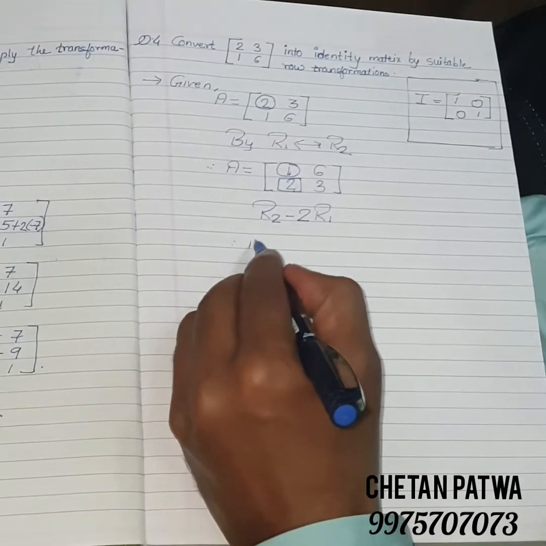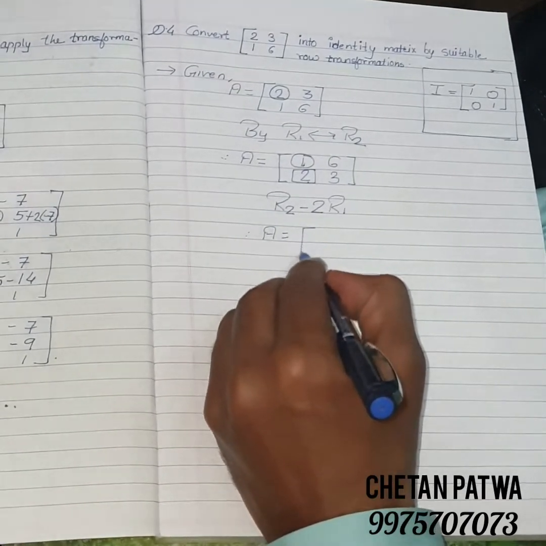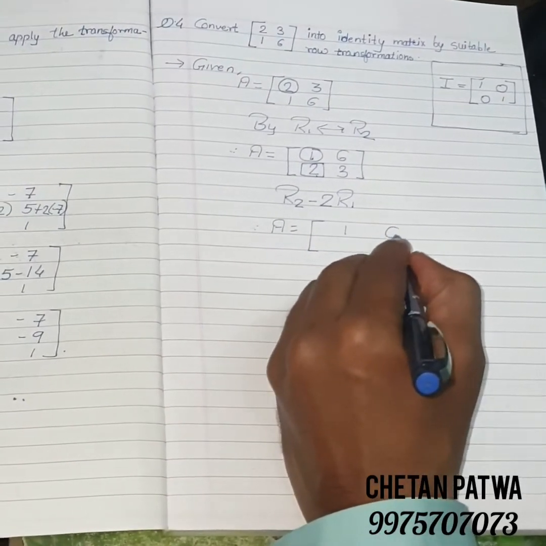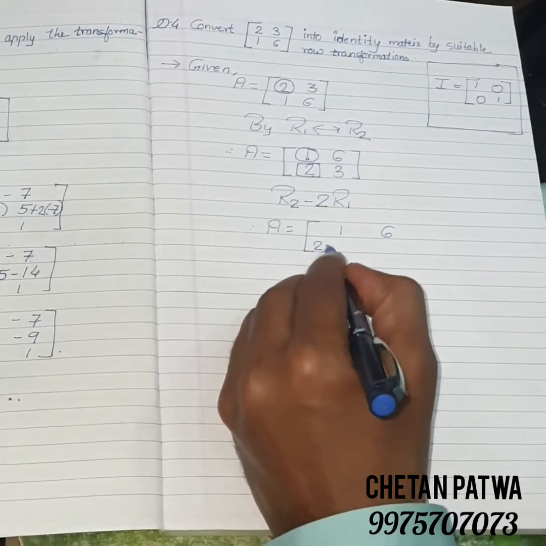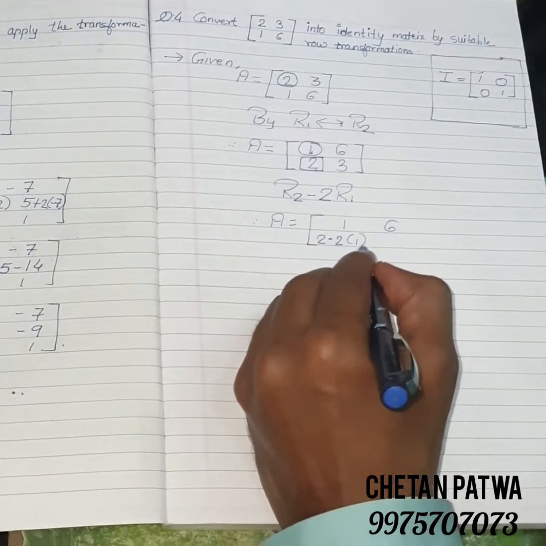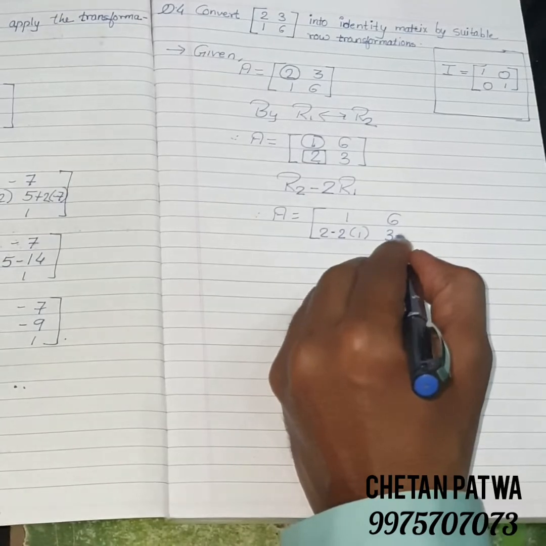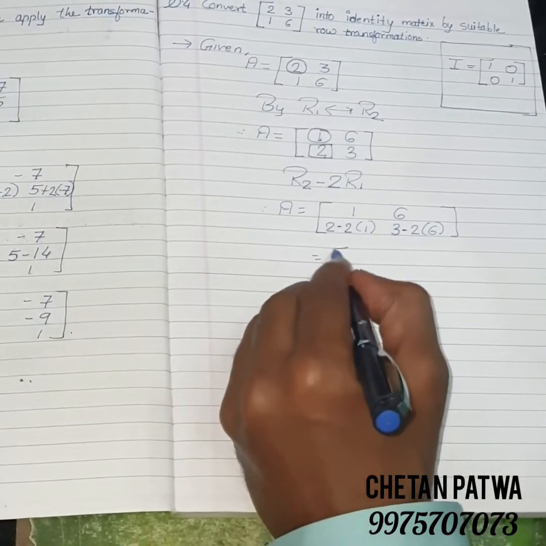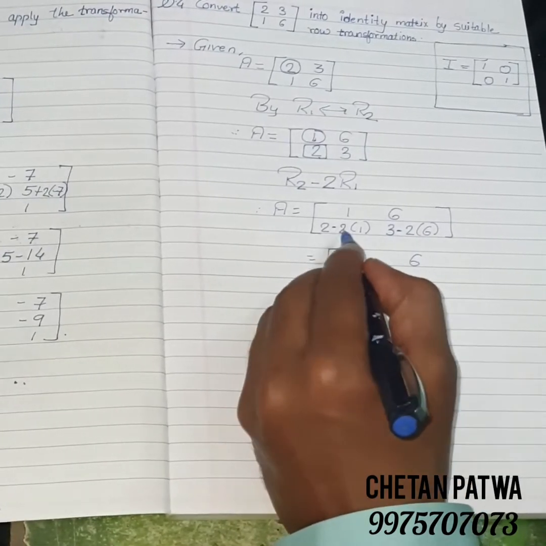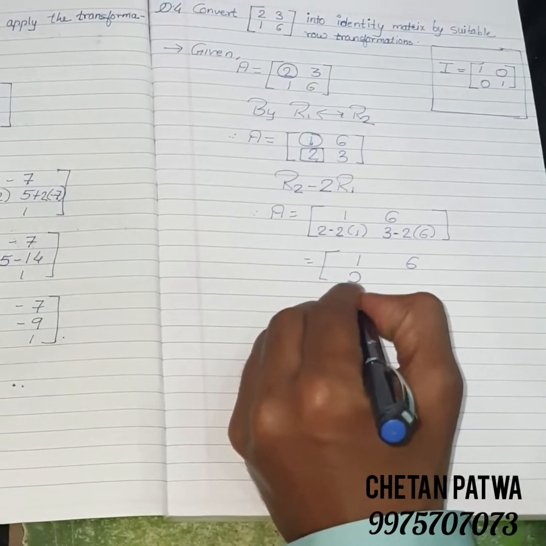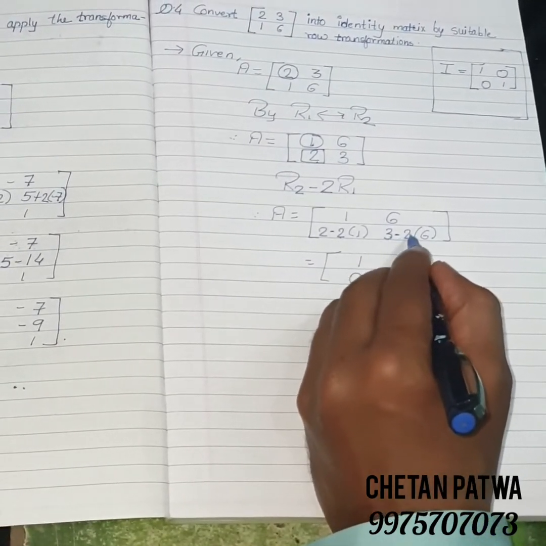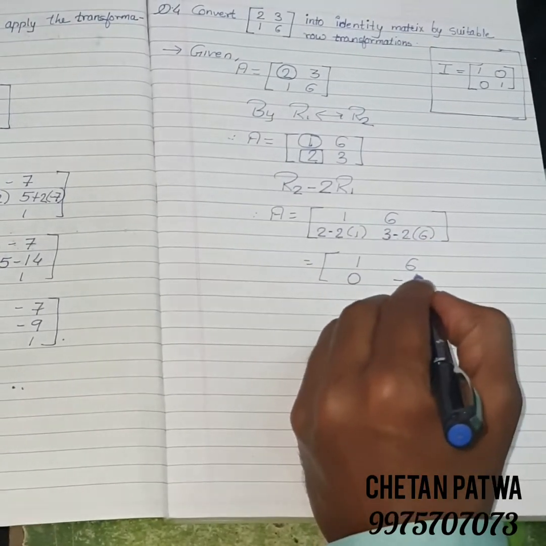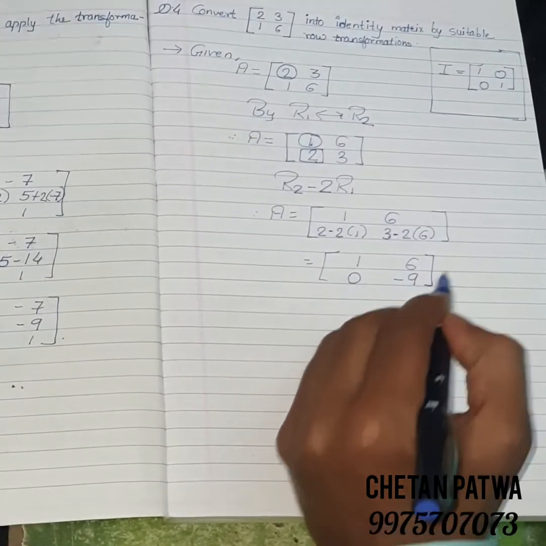So therefore we will get A is equal to 1, 6, 2 minus 2 into 1, 3 minus 2 into 6, that is equal to 1, 6, 2 ones are 2, 2 minus 2 is 0, 3 minus 2 sixes are 12, 3 minus 12 is minus 9.